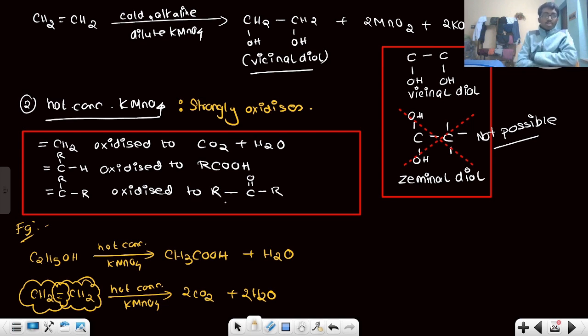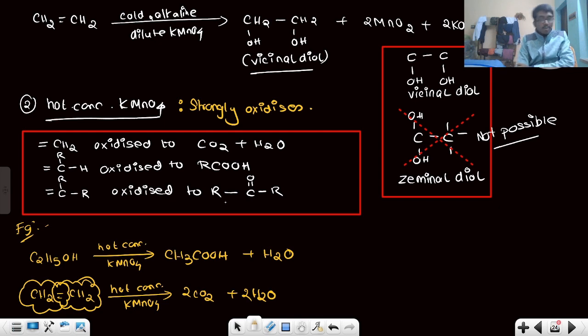Understood or not understood? So if it is double bond CH2, it goes directly to CO2 and H2O. If it is CHR double bond, then it is RCOOH, and if R is on both sides of the double bonded carbon, then it will go to ketone. This is the most important thing. A very strongly oxidizing agent will directly convert to carboxylic acid.